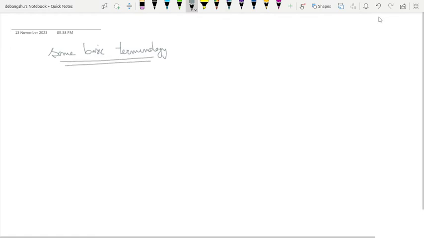Before going to the main topic, you have to know some basic terminology: energy level, what is energy level, energy state, what is energy state, and what is degeneracy. You have to know about this before learning statistical mechanics. This is the first very important part.